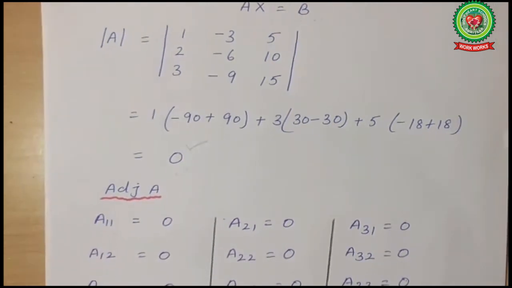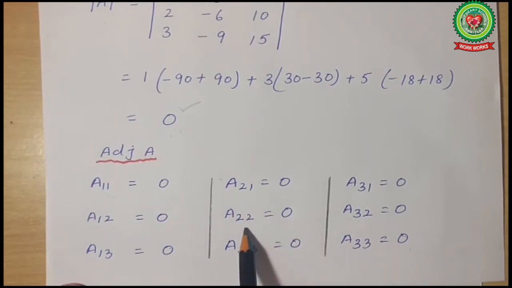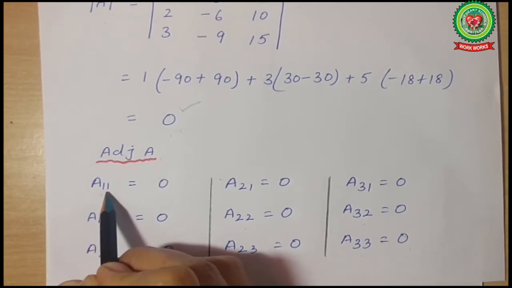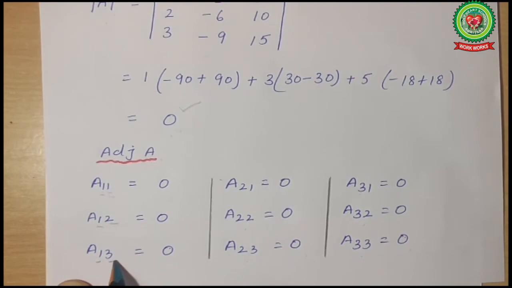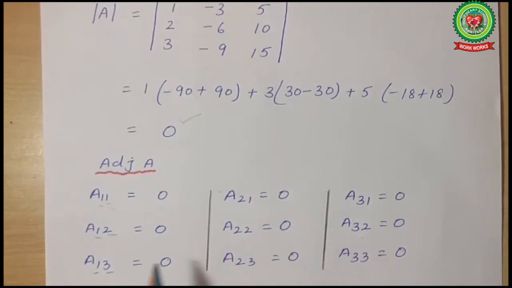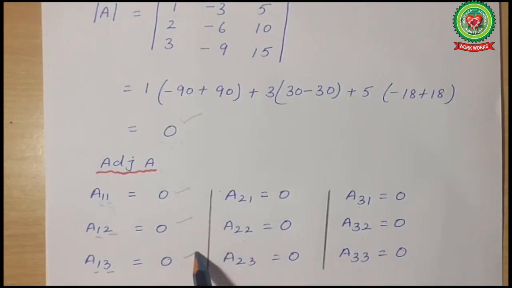Now, cofactors of all the elements A11, A12, A13, A21, A22, A23, A31, A32, A33. First row, first column. First row, second column. First row, third column. Whenever you solve, all these cofactor values are equal to 0.